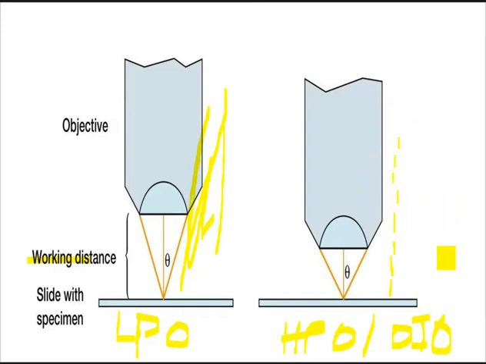It is just fine. So I want you to take note, guys, of the difference between the working distance of your LPO and your HPO, OIO. I hope that's clear, and that's basically it for the parts of your microscope.